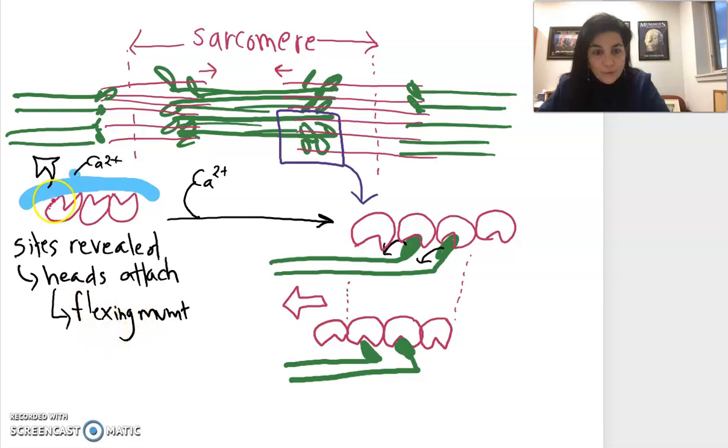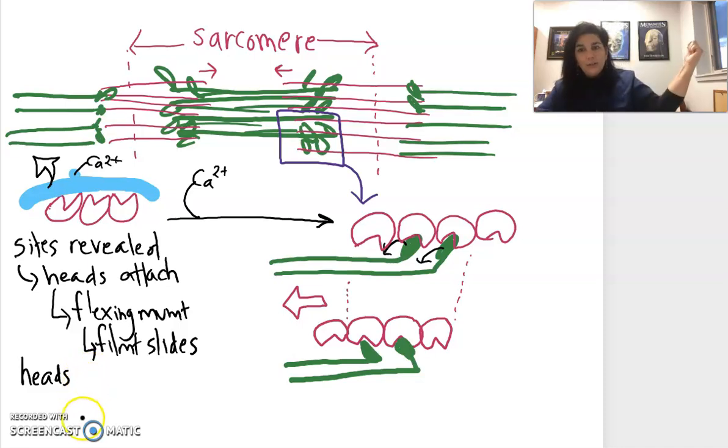So following this flexing movement, let's add here in our story, we have the filament that slides. Filament slides, but then we have to have the heads get recocked, so as to get ready for the next binding.